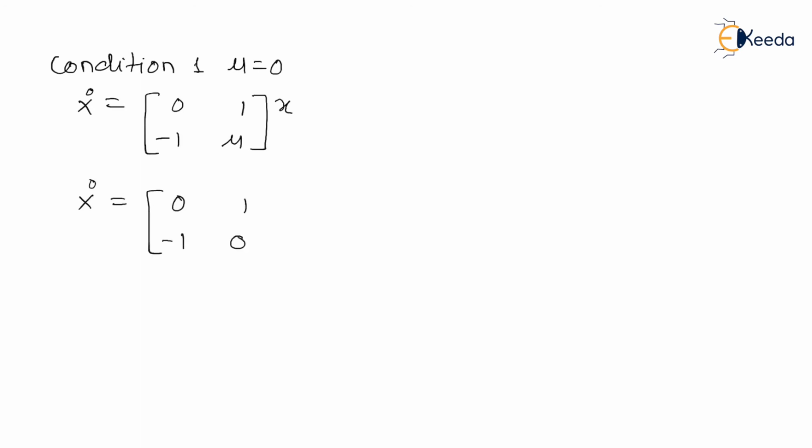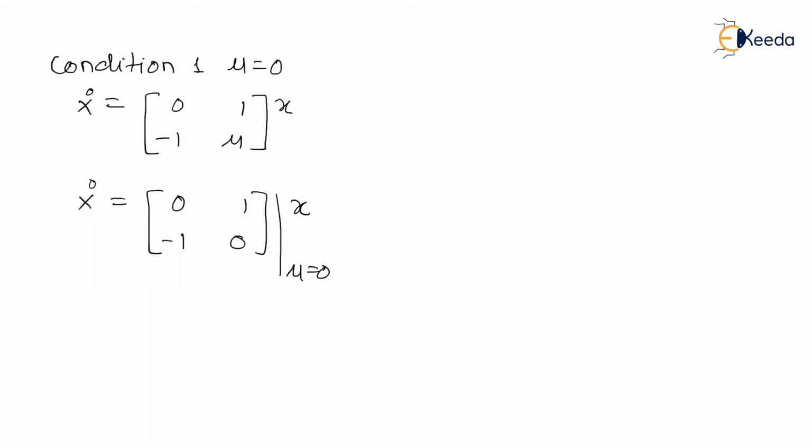So let us go with the first condition. Condition number 1, mu value equal to 0. So the matrix is x dot is equal to 0, 1, minus 1, mu, the whole into x. So if the value of mu is 0, the expression becomes x dot is equal to 0, 1, minus 1, 0, into x.